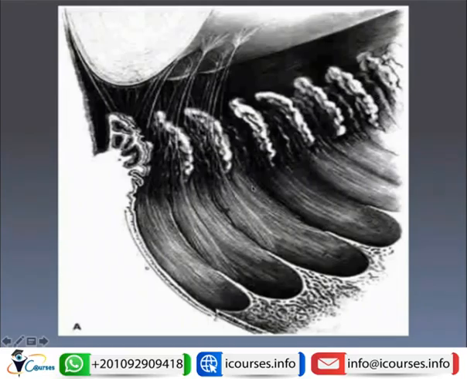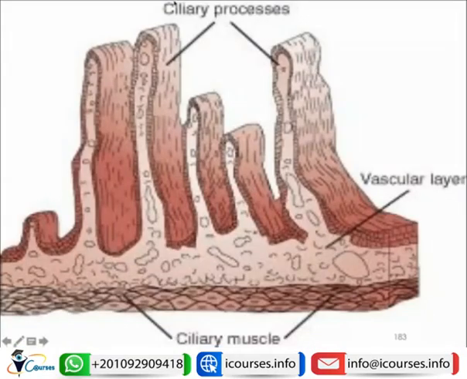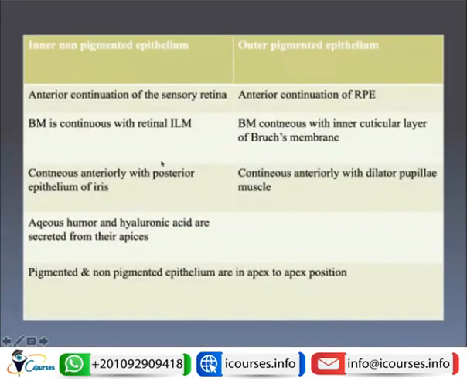So this is important. The ciliary process consists of the vascular core, and this vascular core is important, as it will cause filtration of the aqueous that will pass through the pigmented and the non-pigmented ciliary epithelium to pass into the posterior chamber.